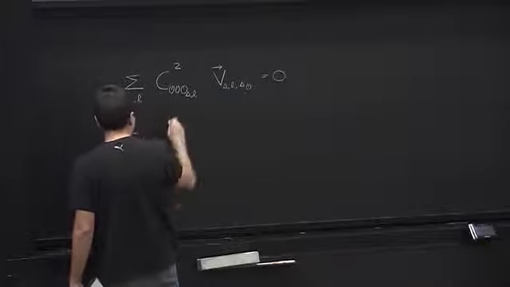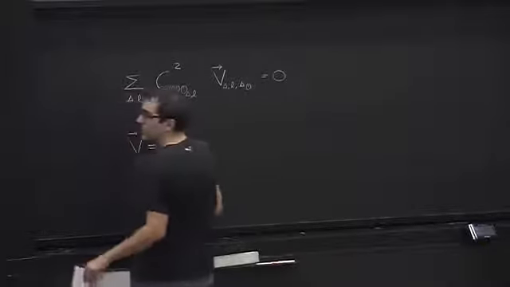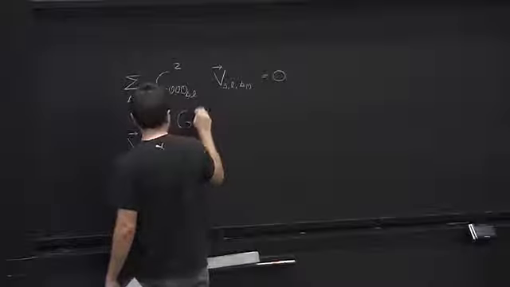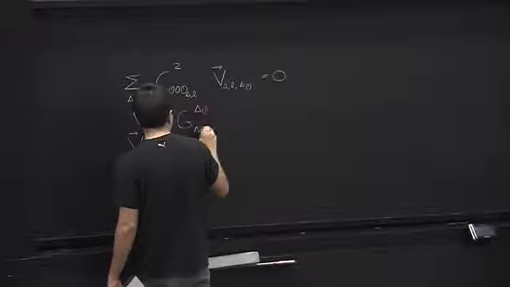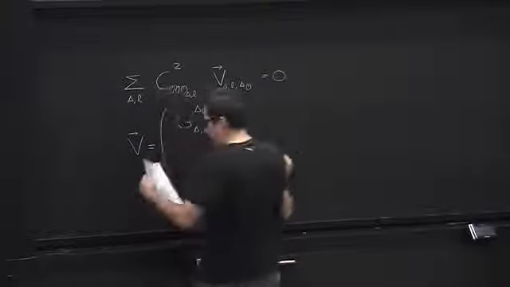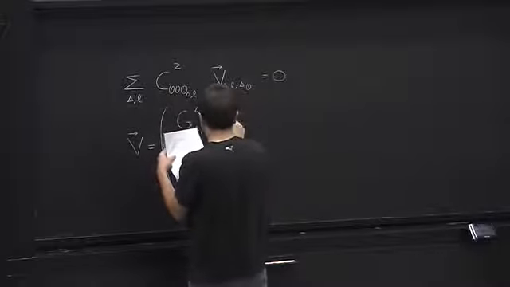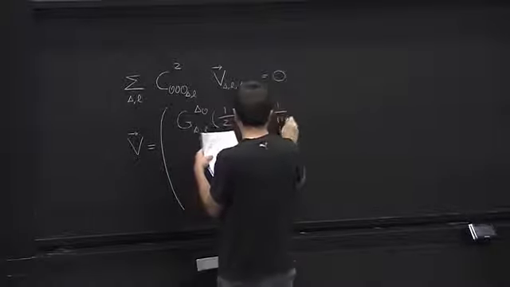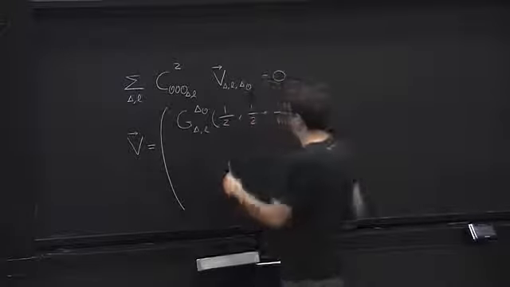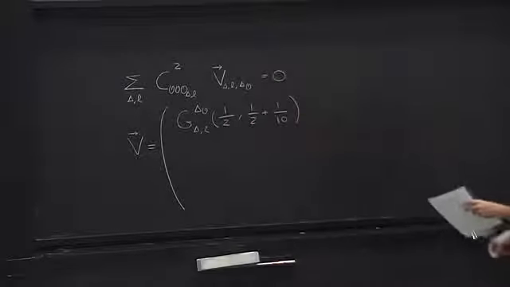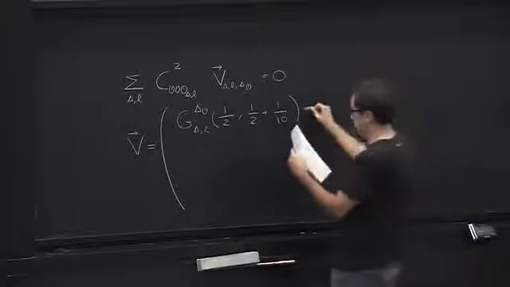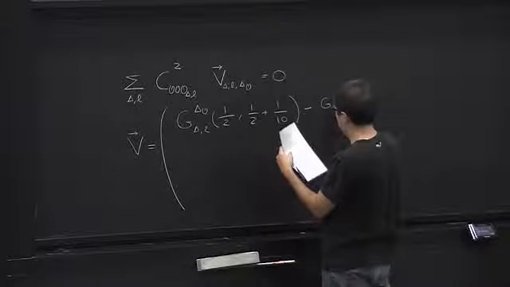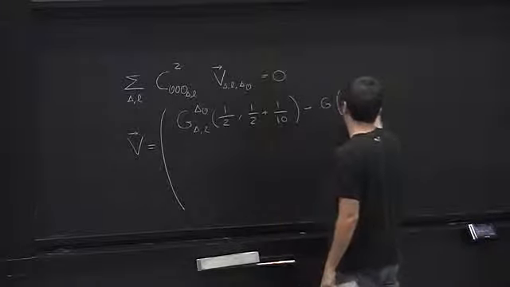So V is a two-dimensional vector, and it's given by the following. It's given by this function G. I chose these points. You could choose whatever you want, but I'm writing to you what I chose so that if you want, you can check numerically at home. I chose these points, 1/2 plus 1 over 10, minus the same function G at 1/2, 1/2.